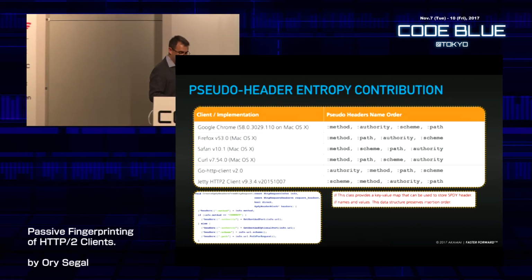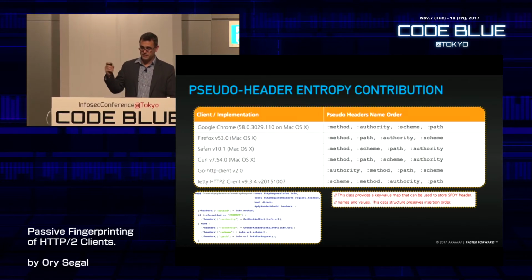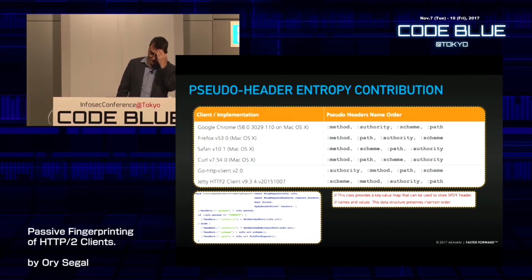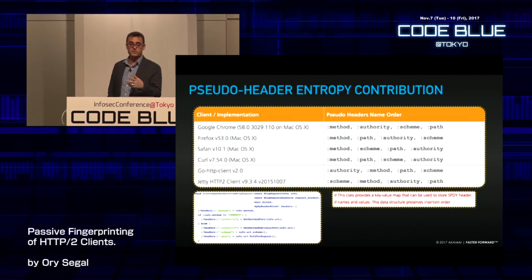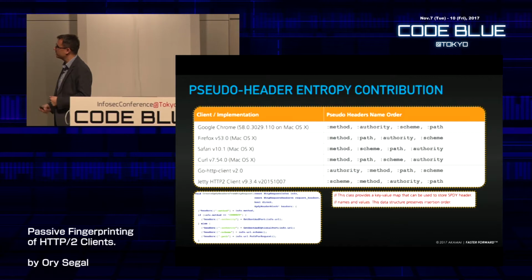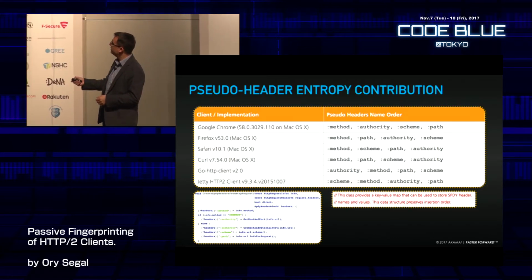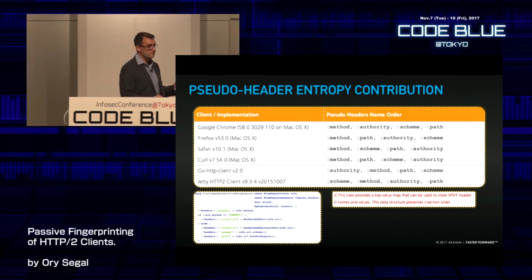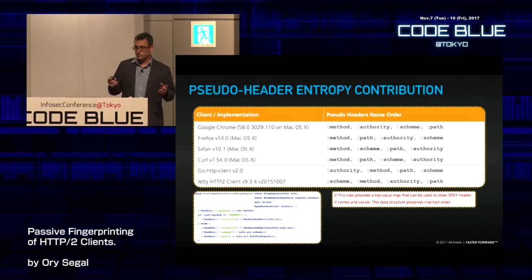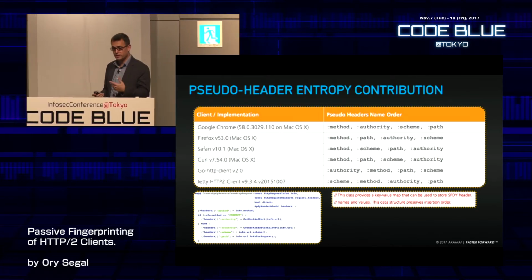If you look at the class itself, they state that this class provides a key value map that they use in SPDY, and it preserves the insertion order. So that explains the order that we saw on the wire. Firefox, the same thing. Each of them hard-coded the header order.